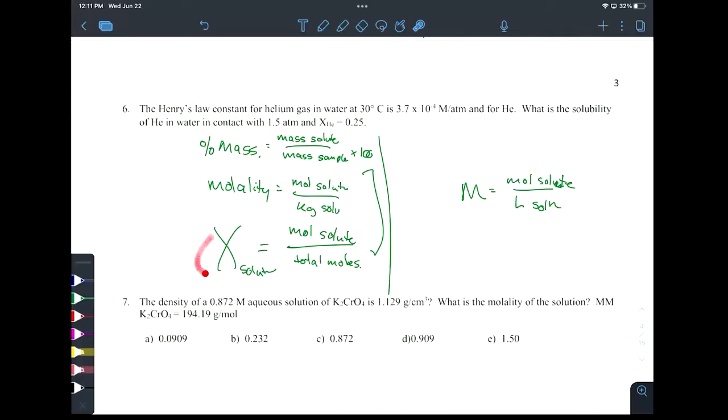You can jump between all of these conversions if you just use the right molar masses. What's different is if you want to go from any one of the ones on the left side to molarity, you need the density of your sample.